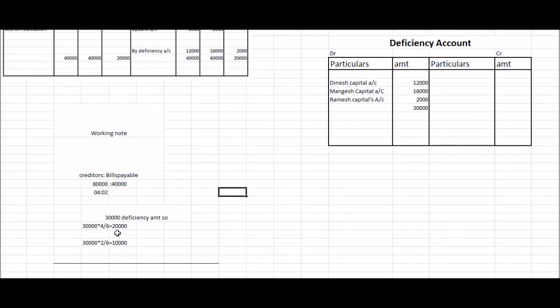30,000 into 4 divided by 6 is 20,000 rupees. 30,000 into 2 by 6 is 10,000 rupees. These two, 20,000 and 10,000 rupees, will be given to the deficiency amount, like bills payable and creditors.